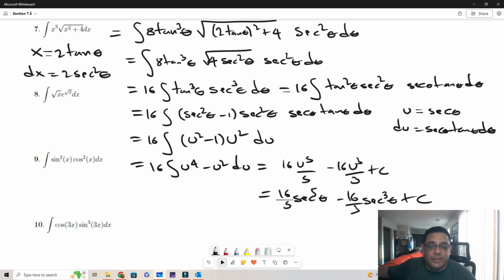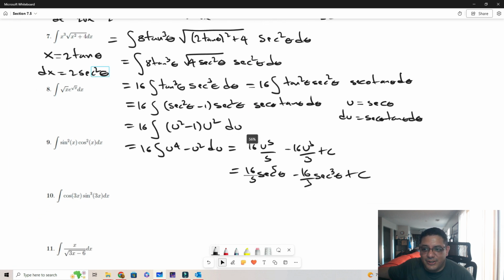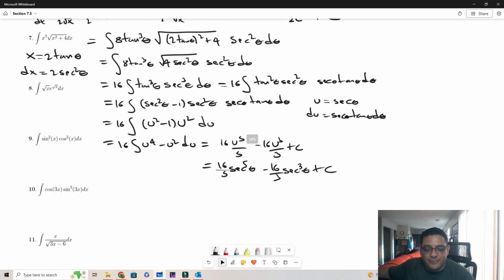It seems like we're done, but we're not done, because we have that the substitution initially was x over 2 equals tangent of theta. So we're going to have to go to the triangle. And so if this is tangent of theta, it means that x is the opposite, and then 2 is the adjacent, and then the hypotenuse is going to be square root of x squared plus 4.